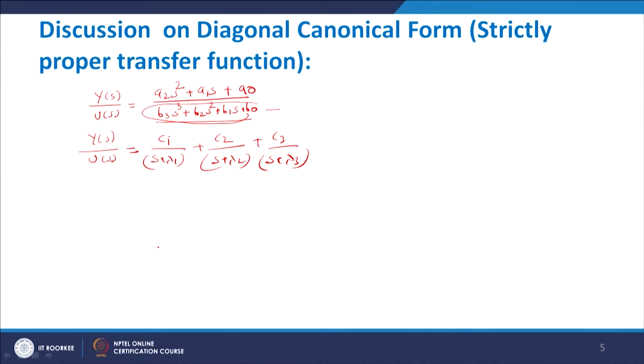Now, here we have written it in terms of s plus lambda 1, lambda 2, lambda 3, and that means we should know the eigenvalues of this denominator, that is lambda 1, lambda 2 and lambda 3.